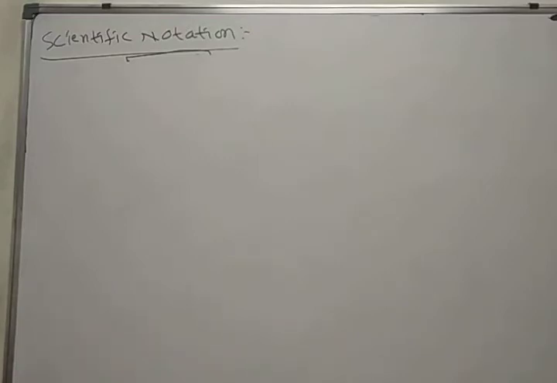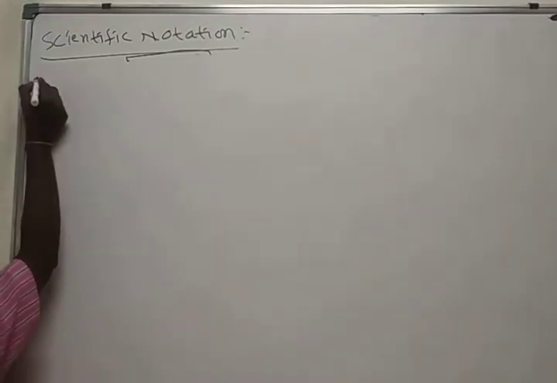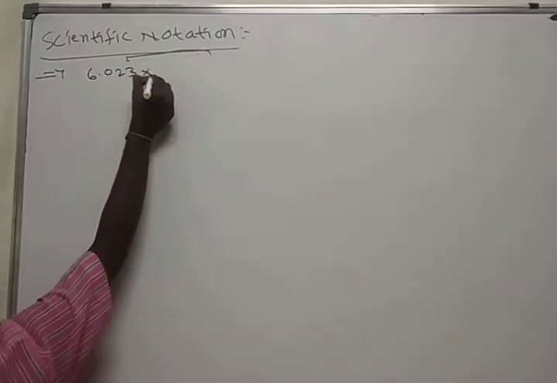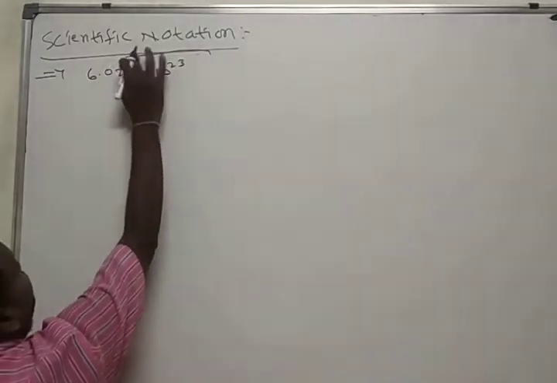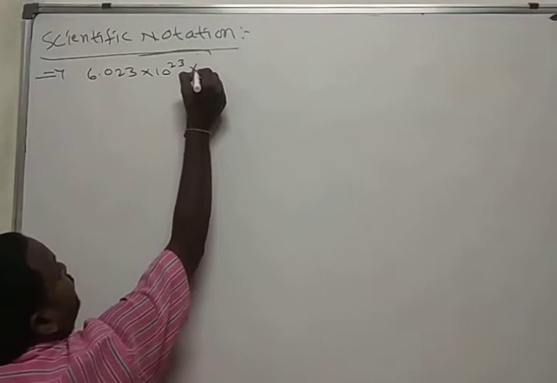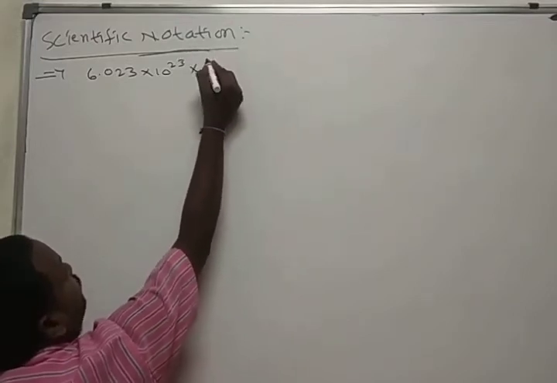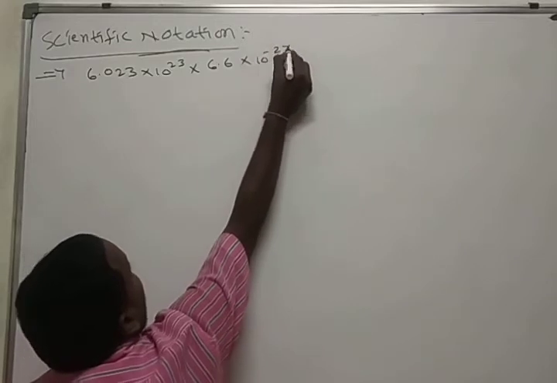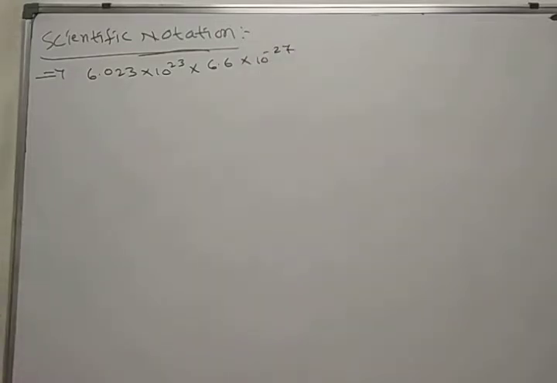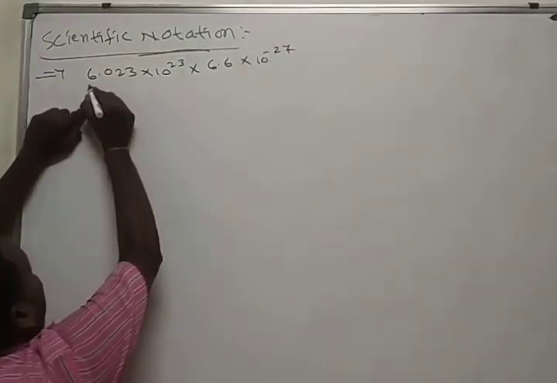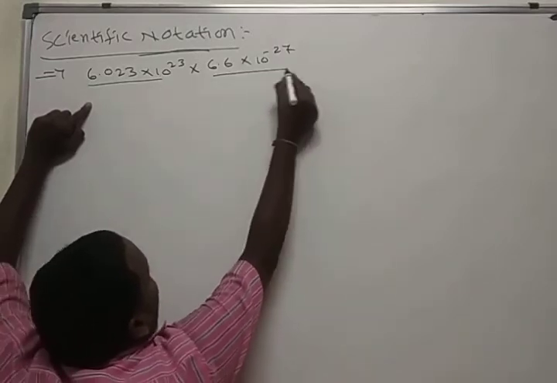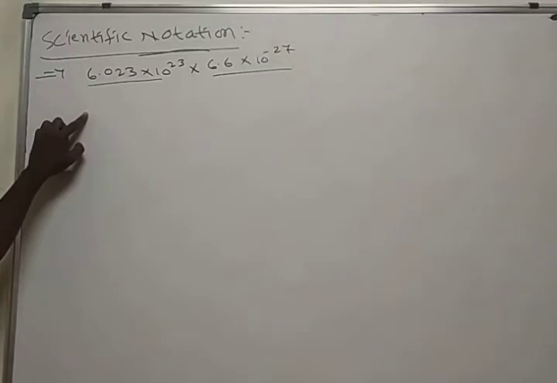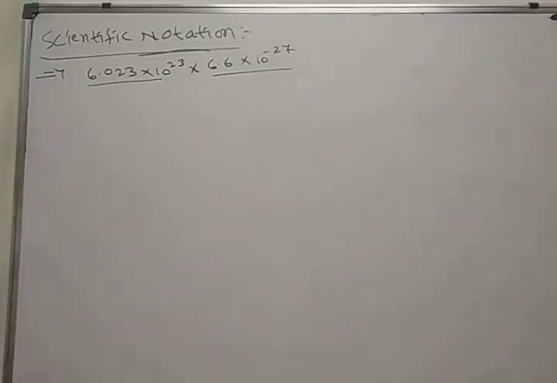Do this one: 6.023 into 10 to the power of 23, multiplied with 6.6 into 10 to the power of minus 27. This is the Avogadro number. This is Planck's constant value. We multiply and see.